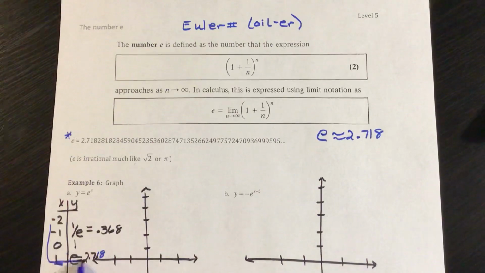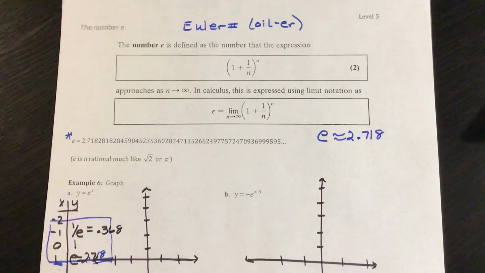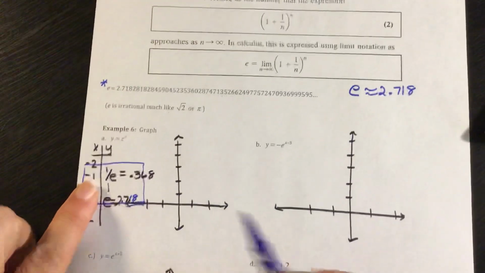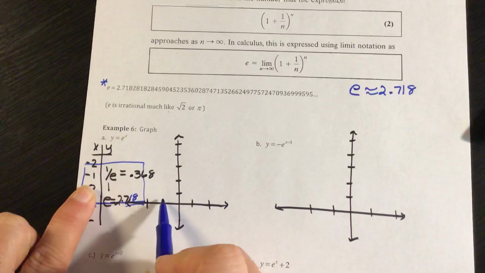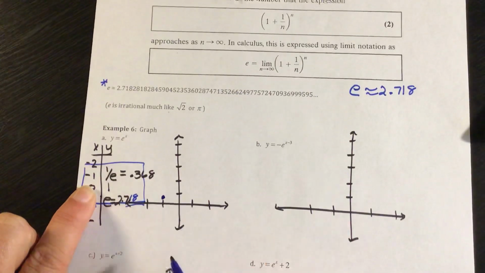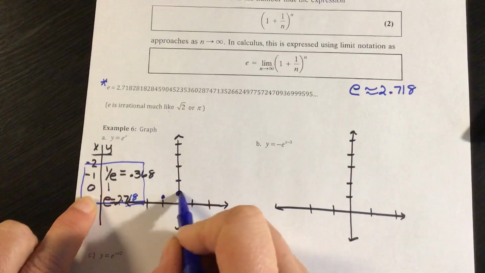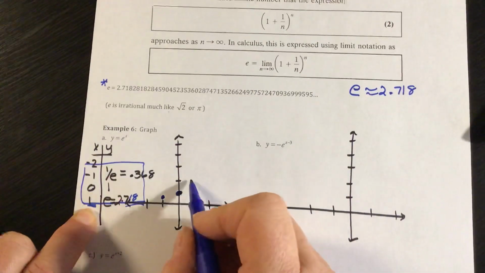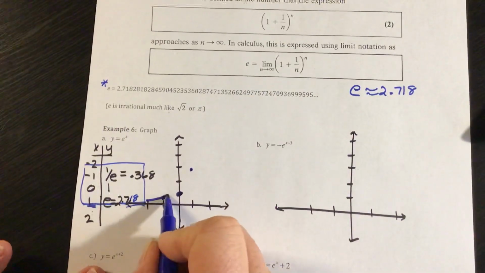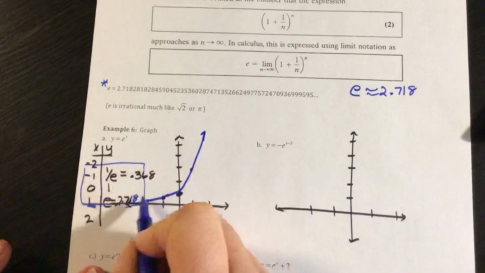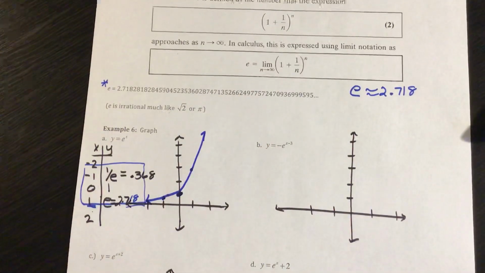So if I plot these three ordered pairs, if x is -1, I'm going to go up to about 0.368, over 0 up 1, and over 1 up 2.7-ish. So it's going to follow this general pattern, just like the examples that we saw where our base was 2 or 3. It's going to have the very same shape.